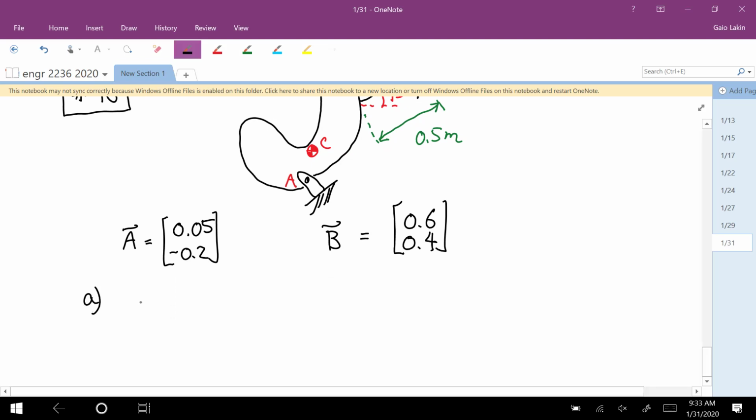And we want to calculate first, if the cable tension is T, what's the force applied to the body by the cable?